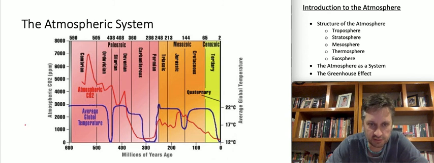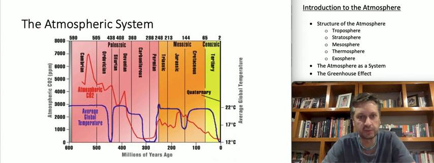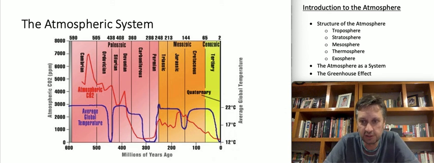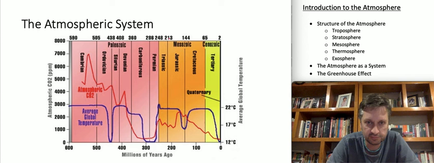So this little graphic goes back 800 million years, and it encompasses the three main eras of Earth's geological history. In pink, we can see, going back from about 250 million years to 800 million years, the Paleozoic era. Zoic meaning life and paleo meaning ancient. So this is the era of ancient life.